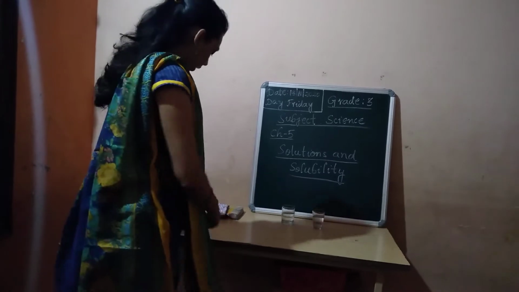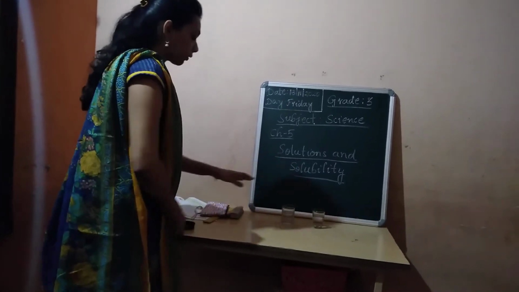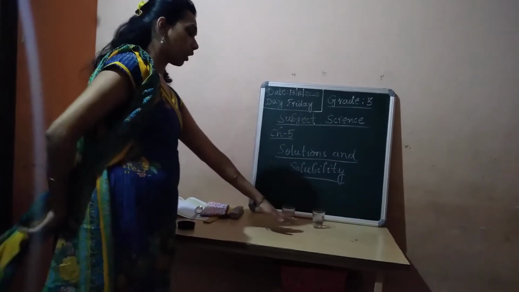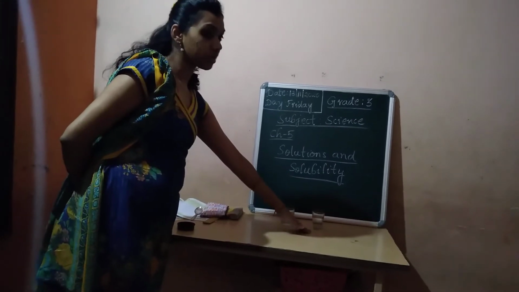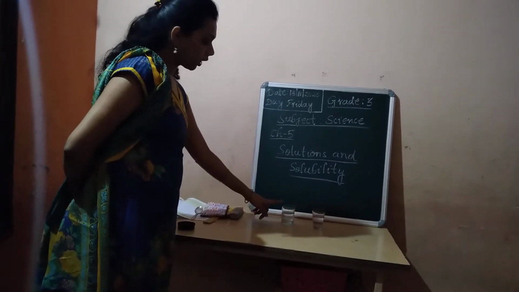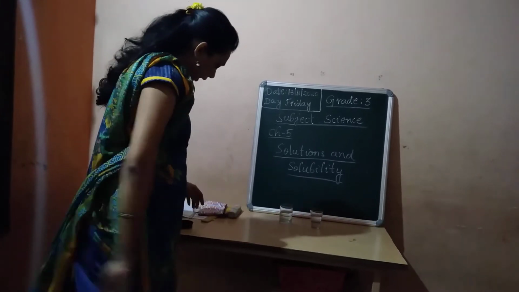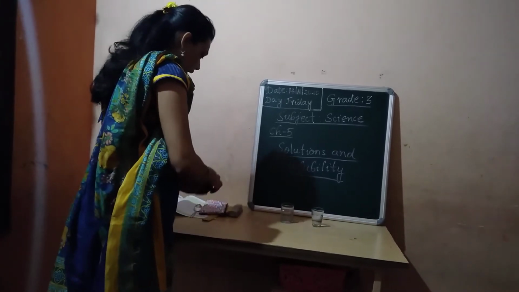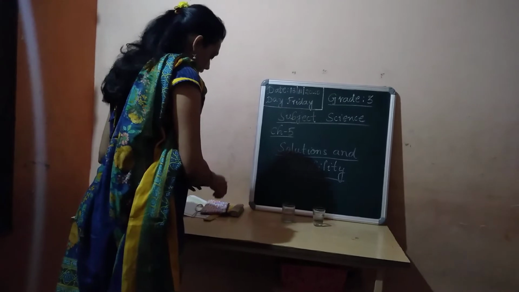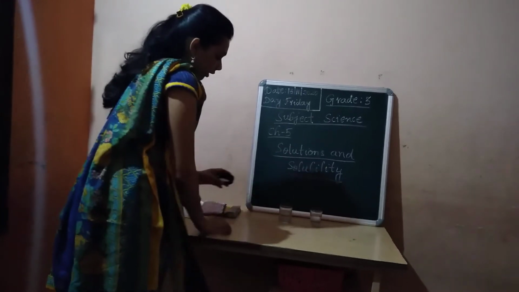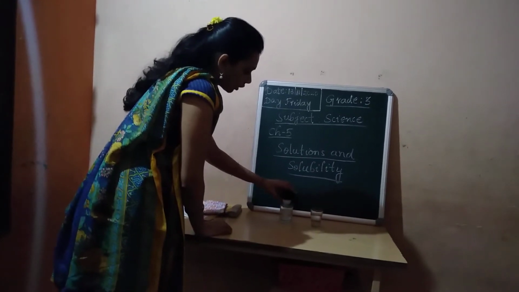Now to make you understand easily, I have taken two glasses. In these I have poured an equal amount of water. In one glass of water, I am adding sugar.